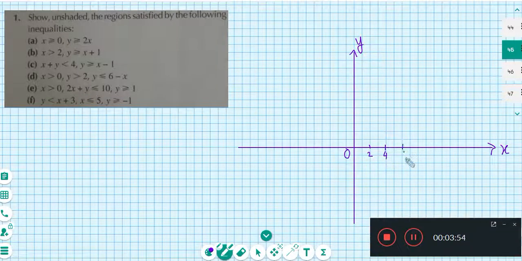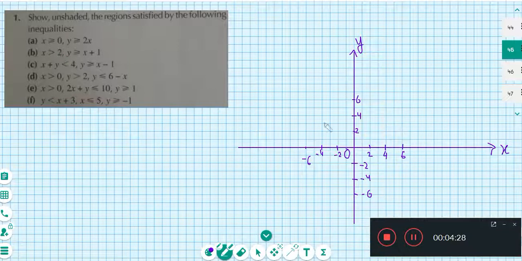Similarly, this will become plus 2, plus 4 and plus 6, and the negative side, minus 2, minus 4 and minus 6. Alright, we have labeled this Cartesian plane. Now we have to plot these inequalities on this plane.